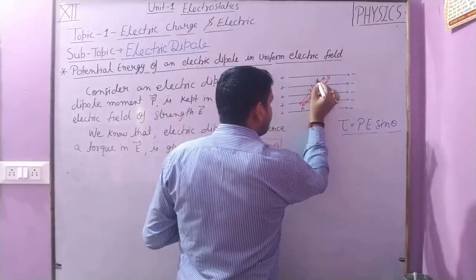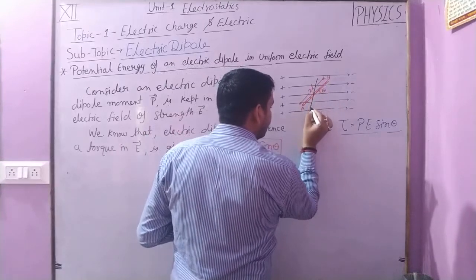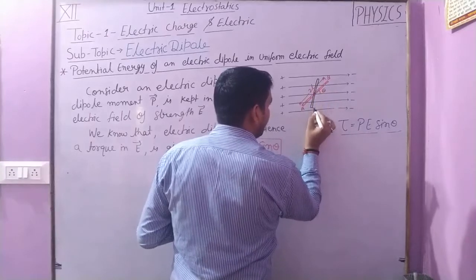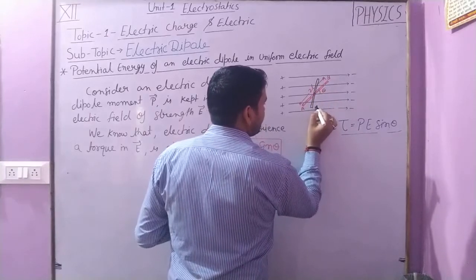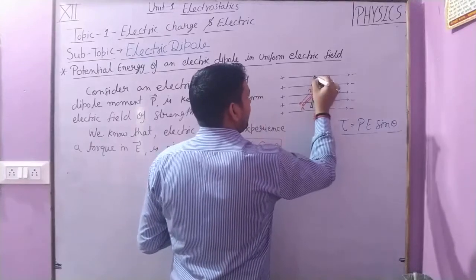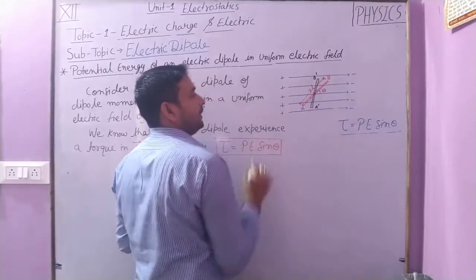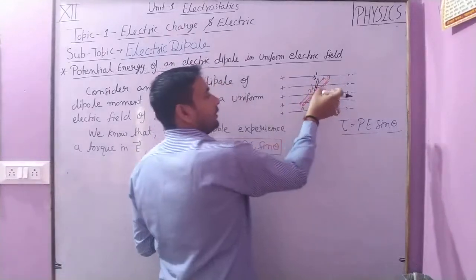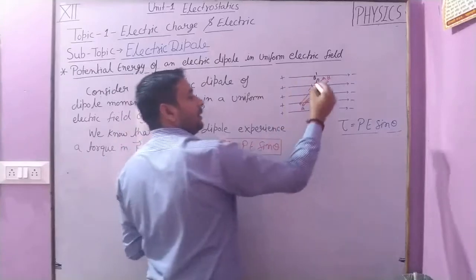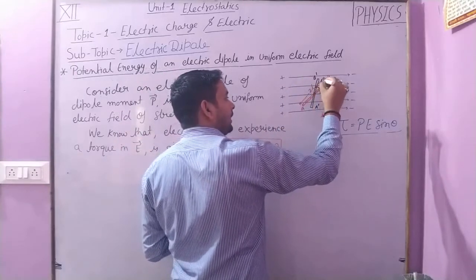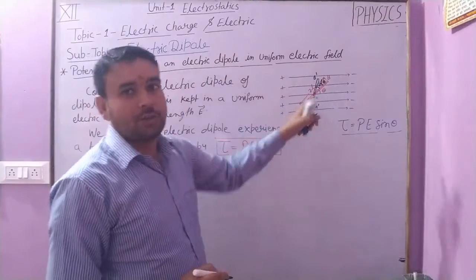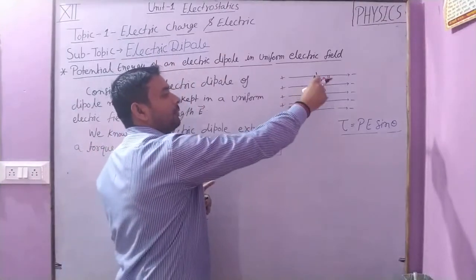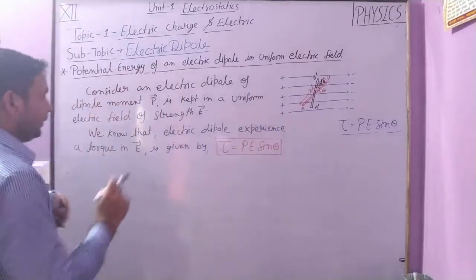Let the dipole be rotated by a small angle, and this is the new situation of A and B as A dash B dash, and here a small angle d theta is formed by doing a small amount of work in rotating it by an angle d theta.